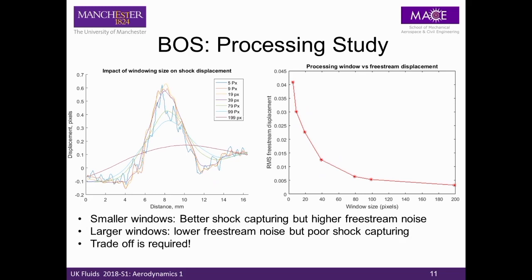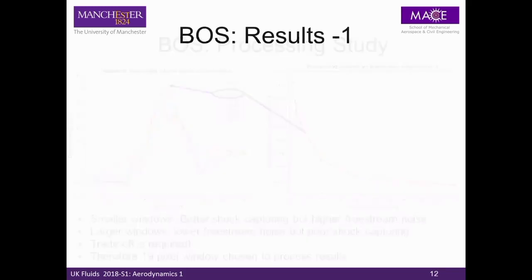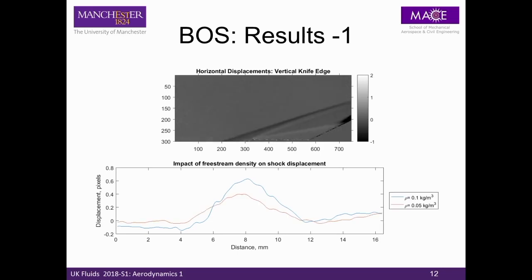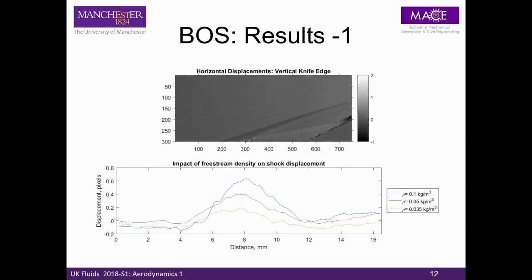So in this case, I took 19 pixels. And what I've now done is I've applied that processing to the same background, but with 3 different cases of density. This is 0.1 kilograms per meter cubed. This is around half. And this is around a third. So you can see there was already a weakening of the shock features and a consequent reduction in the displacements produced by the shock.